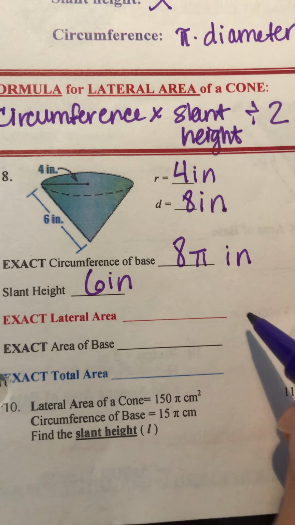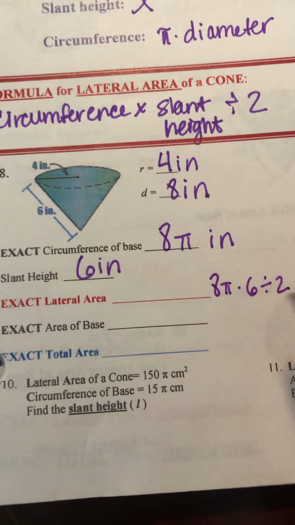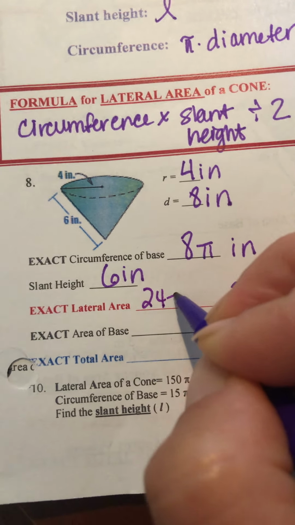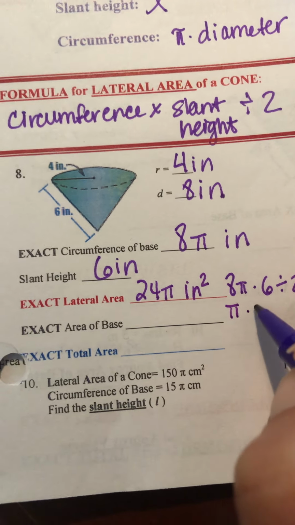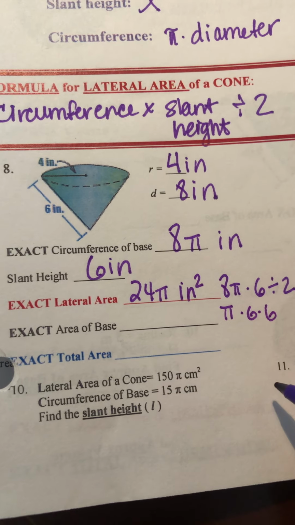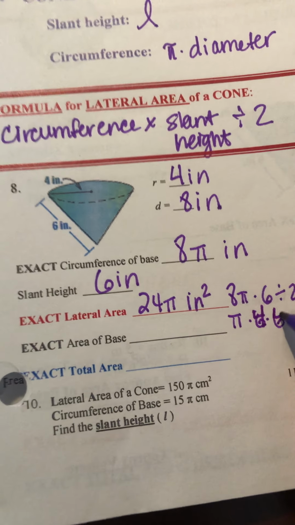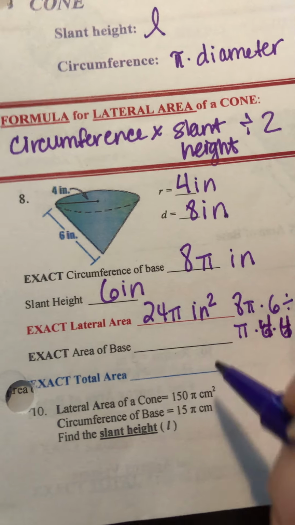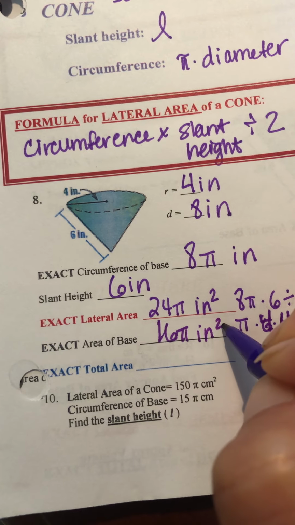Lateral area is circumference times slant height divided by 2, which is going to be 24 pi inches squared. Area of the base is a circle, it's pi times 4 times 4, or 16 pi inches squared.